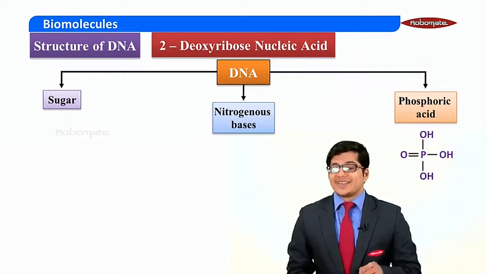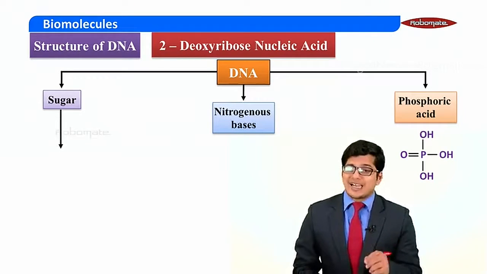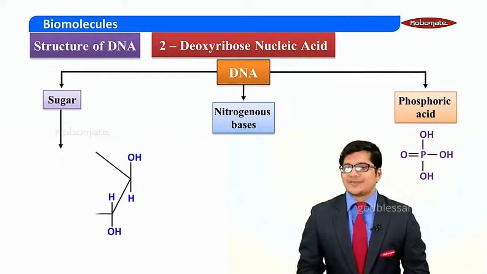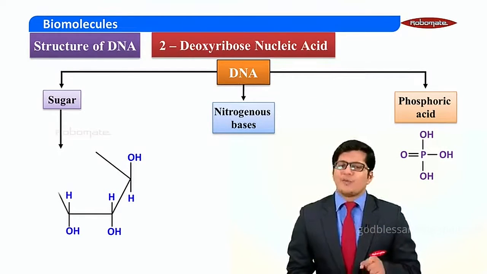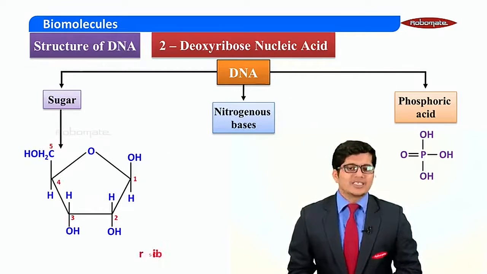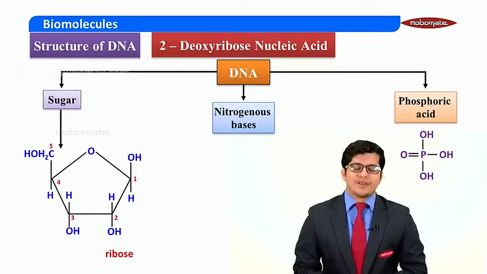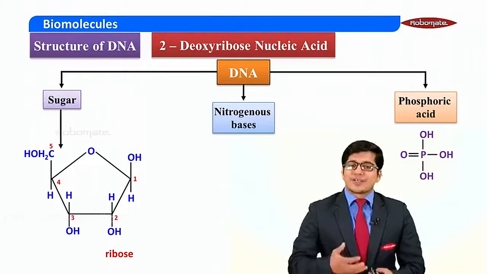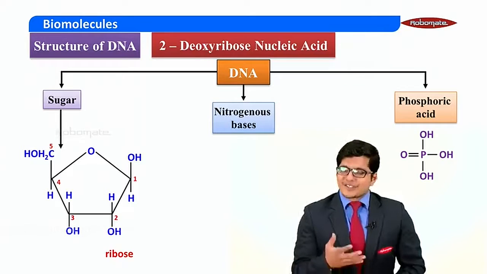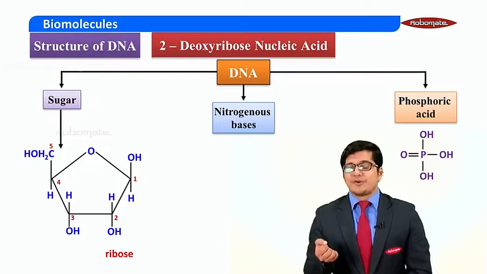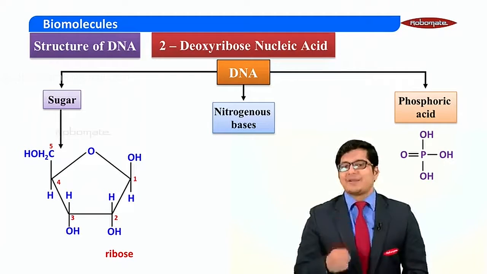We said that it consists of a sugar that is a pentose sugar, and this pentose sugar was called ribose. So here we have ribose right now. What we need is deoxyribose, because the name suggests that, right? So we need deoxyribose, and oxygen should be removed from the second carbon atom.